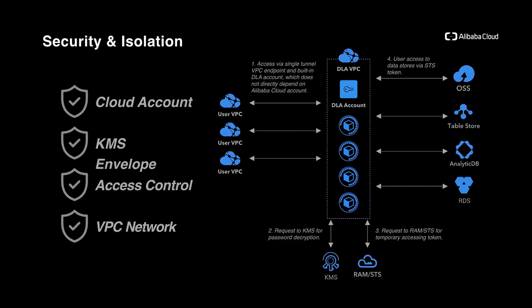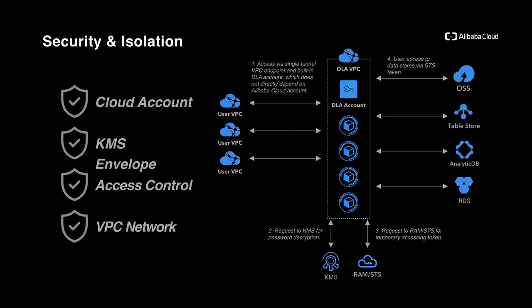Users use the DLA account to connect to the service via JDBC or ODBC, with an experience almost the same as MySQL. In DLA accounts, user credentials can be encrypted via the KMS envelope mechanism. As DLA provides access accounts, you can create, grant, revoke, and remove account authority, very like the experience within MySQL.